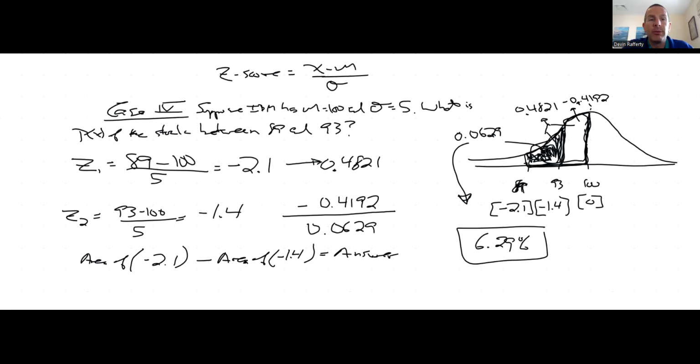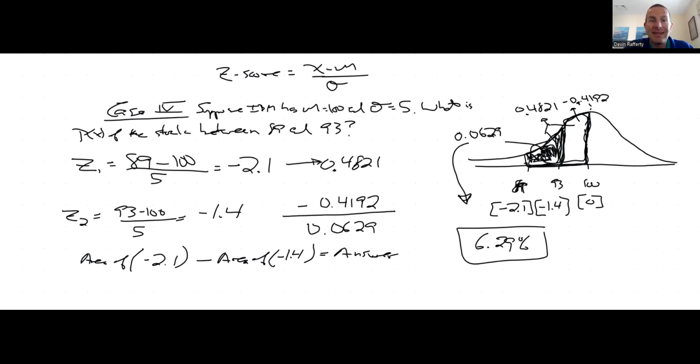The standard normal probability distribution is bell-shaped, symmetrical about the mean, it's asymptotic, and area is probability. Okay. It also has a mean of 0 and a standard deviation of 1.